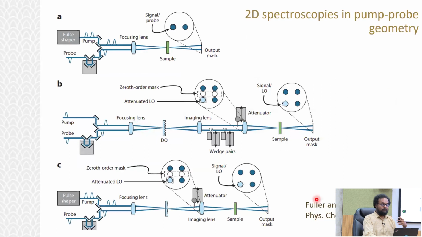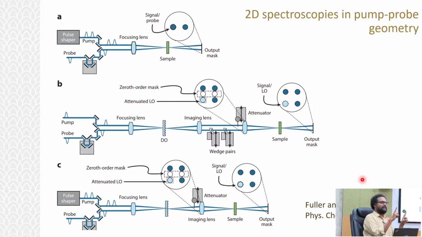I would strongly recommend you to go and explore this amazing perspective by Fuller and Olivier on different kinds of spectroscopies, especially the upcoming spectroscopy, where the claim is that you can still do 2D spectroscopy in pump probe geometry. The simple idea comes from the fact that in pump probe, you have the pump and the probe, you excite the system.